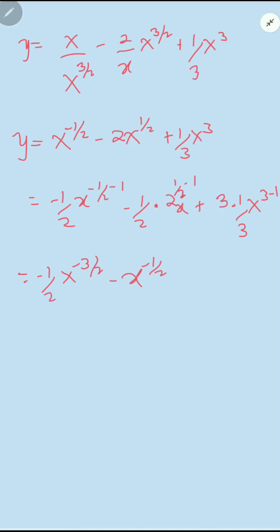When we say half minus 1, then we say plus, so the 3 and the 3 will cancel, leaving us only with x to the power 3 minus 1 gives us a 2. Okay, so this is same as saying negative 1 over 2 x to the power 3 over 2 minus 1 over x to the power half plus x squared.